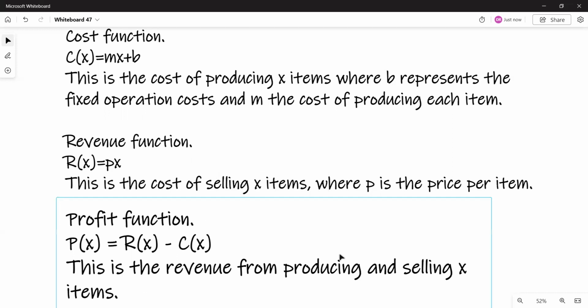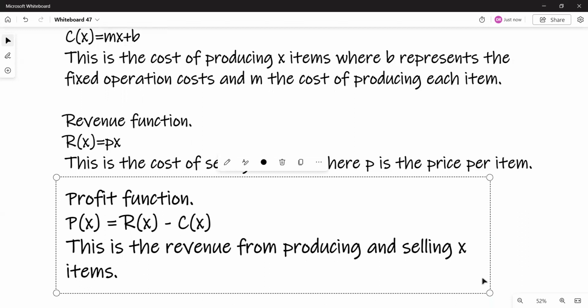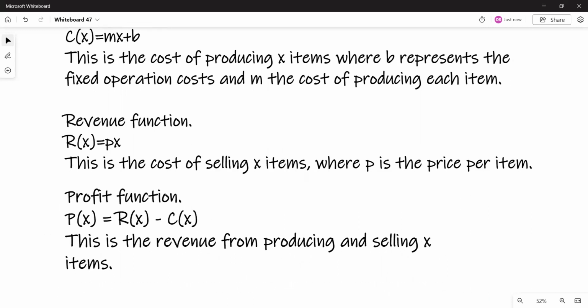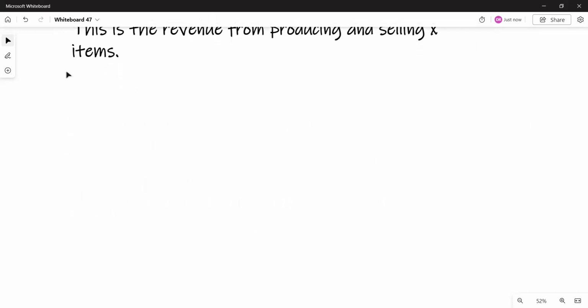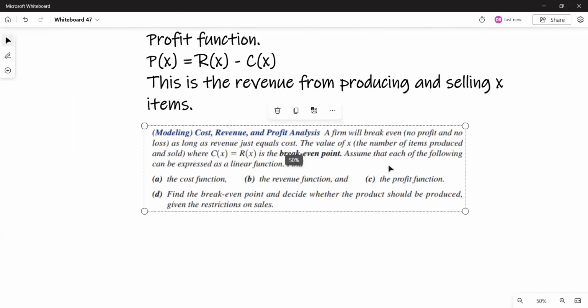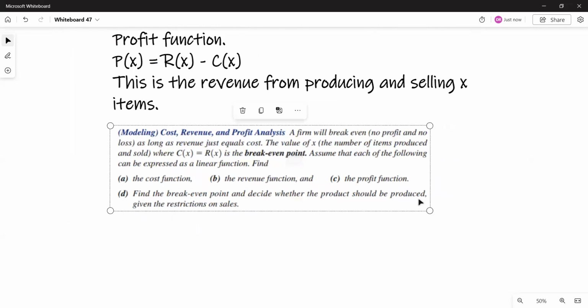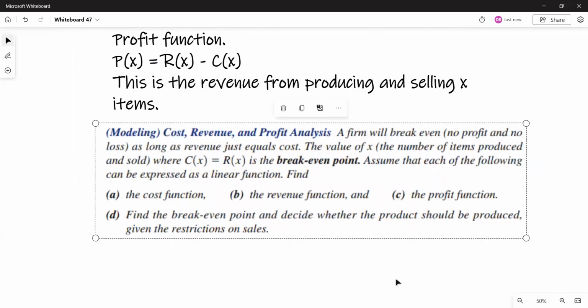Okay, so we're going to do the last problem, number 78, to finish this section, on page 232, number 78.